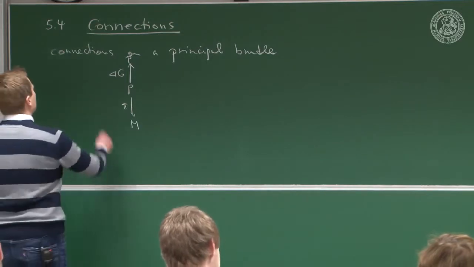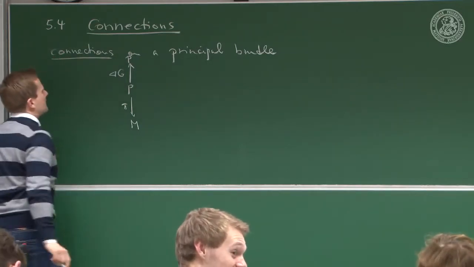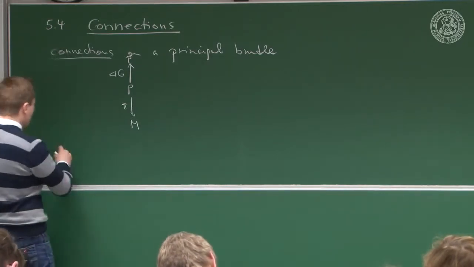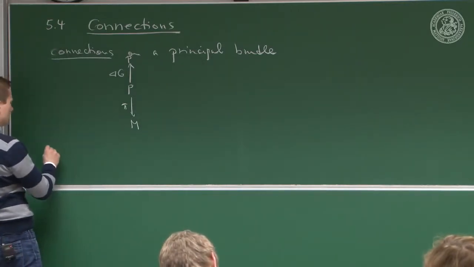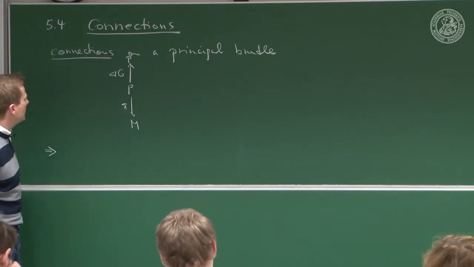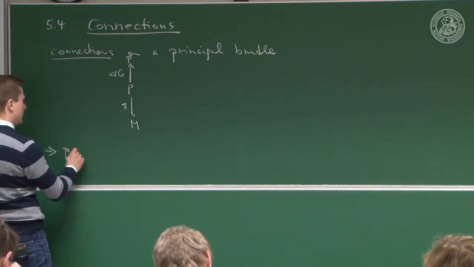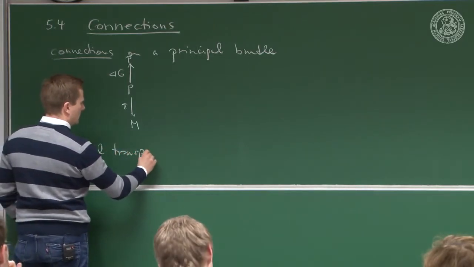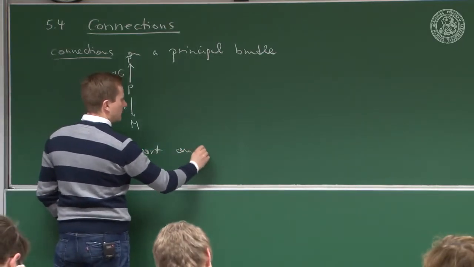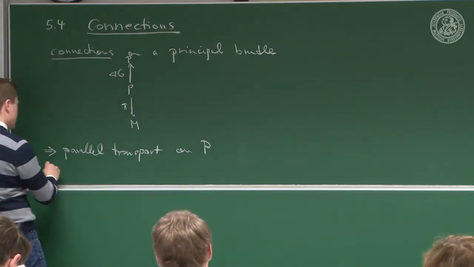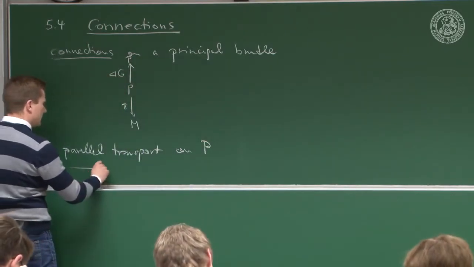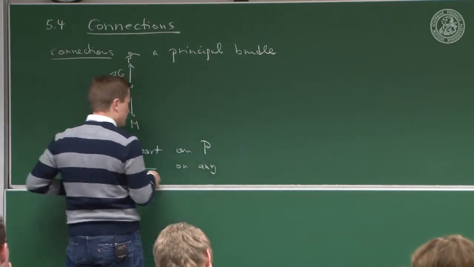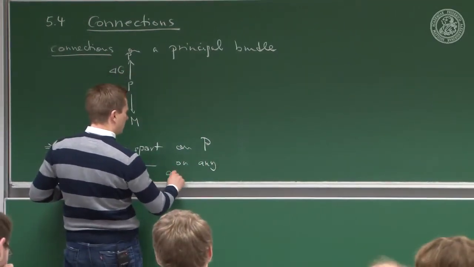Really, a connection is a structure on a principal bundle. Once you have a connection on a principal bundle, we'll see that this implies a parallel transport also on the principal bundle, and this also implies a parallel transport on any associated fiber bundle.